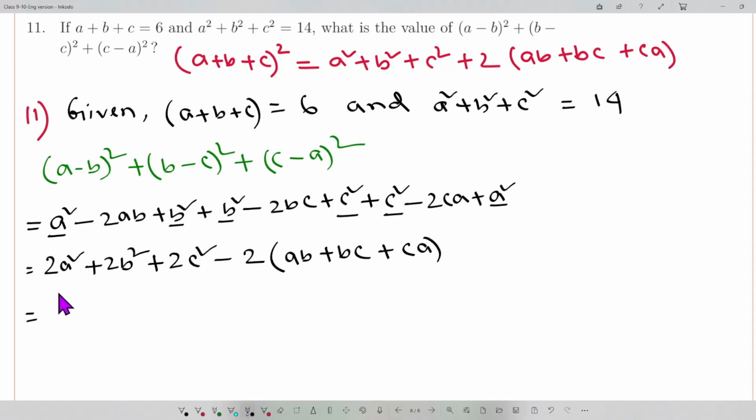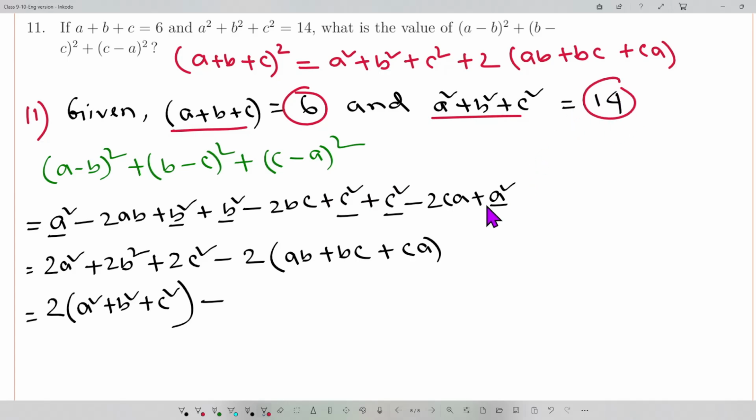And here also we can take common 2, so 2 times (a square plus b square plus c square) minus that. And here is an interesting thing. Here it is mentioned a plus b plus c is 6 and a square plus b square plus c square is 14, but ab plus bc plus ca has no value.